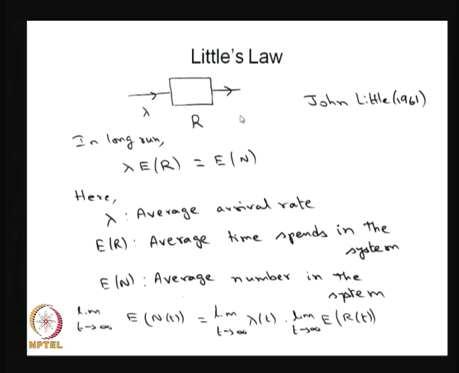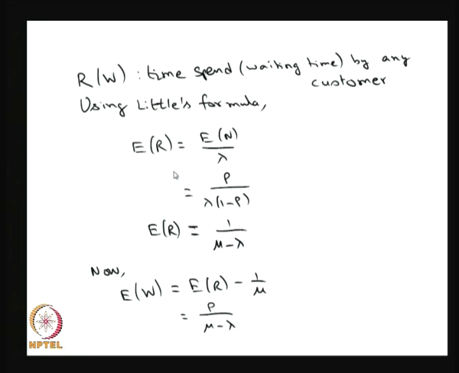Now, using this Little's law, I am going to find out the measures for the M/M/1 queue model. Suppose R denotes the time spent in the system by the customer and W denotes the waiting time of any customer in the system. Then I can use Little's law from the previous one.